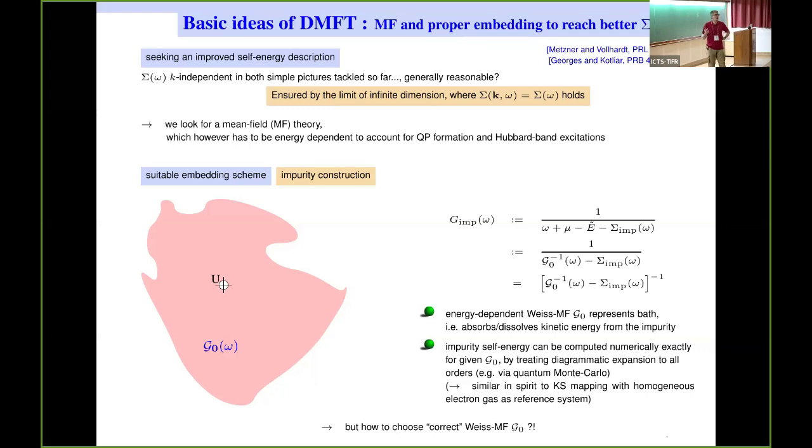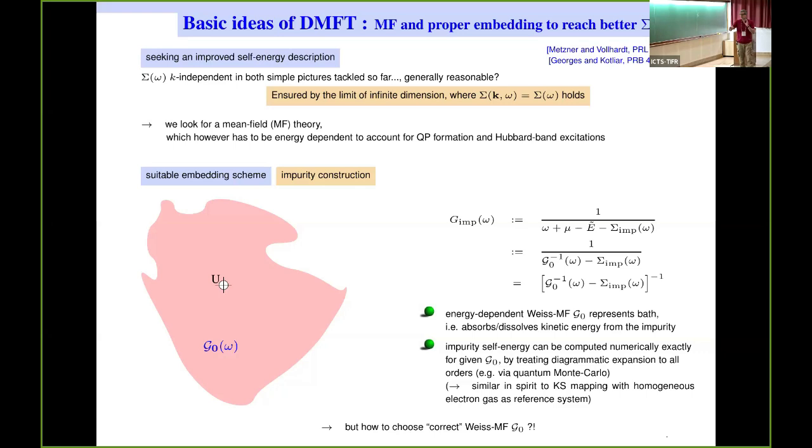And there we have now defined this impurity problem, where we hope that within this construction we find a better approximation to our self-energy for the lattice. Now here it's still living on an impurity, and it is subject to this Weiss mean field, which is now also frequency dependent, as you see. Yeah? Now the next question.